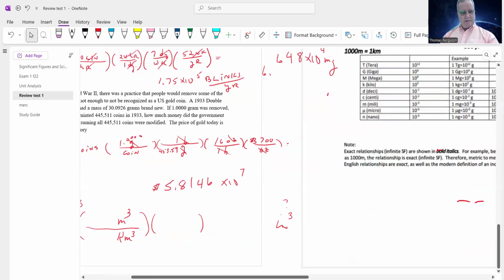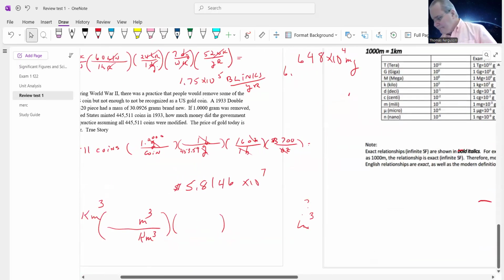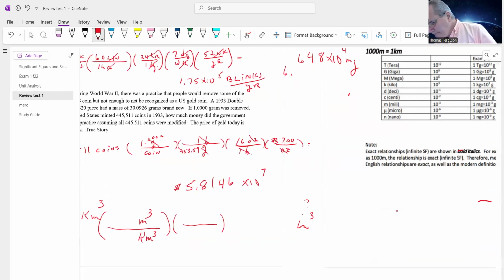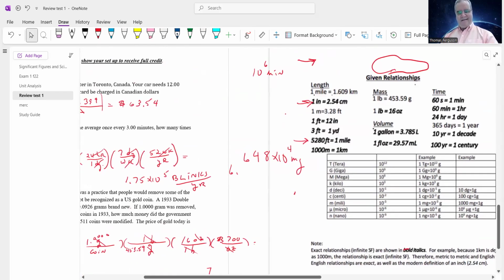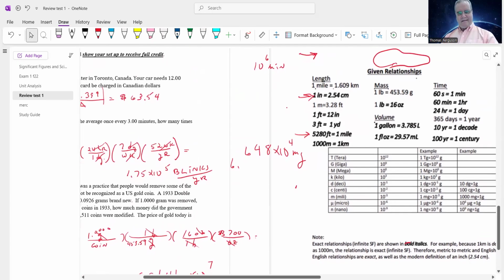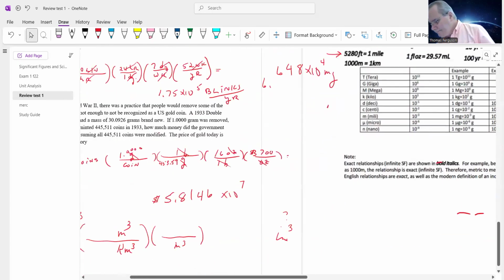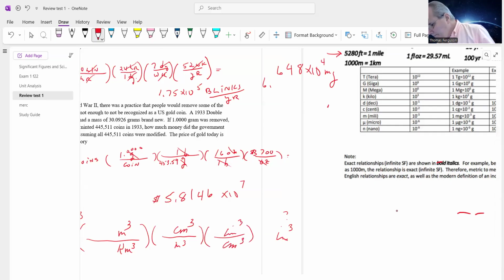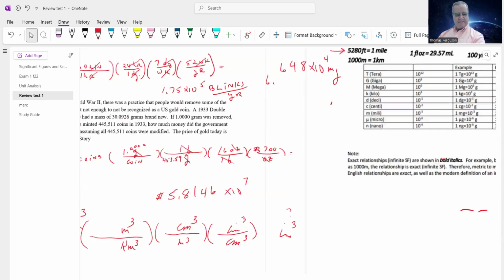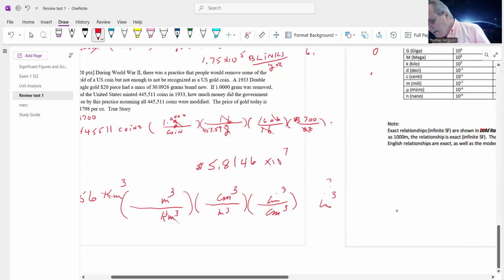Okay, so now we've got everything cancels except for cubic inches.